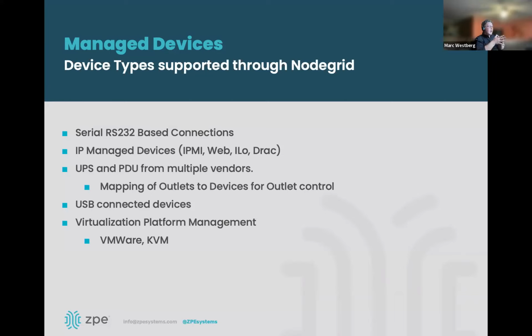I don't know that I have found a vendor that is not supported from a UPS and PDU point of view. Once we get the PDU in the Nodegrid, then we can map the outlet of that device to the actual Nodegrid, and I'll show that in the demo. We can see USB connected devices, and we can also manage virtualization platforms. So we can manage a VMware ESXi or vSphere host or KVM, Microsoft stuff.